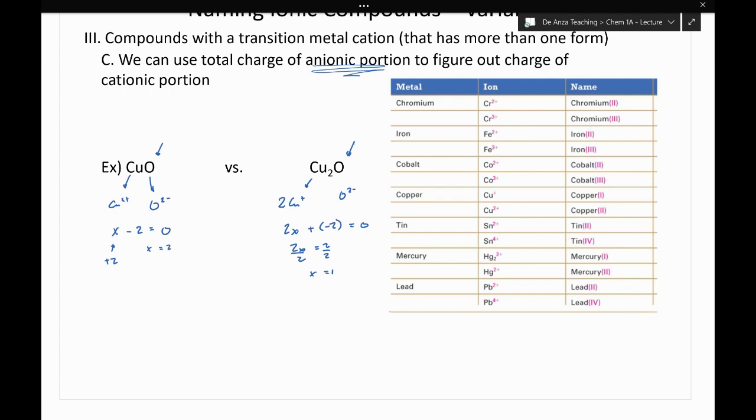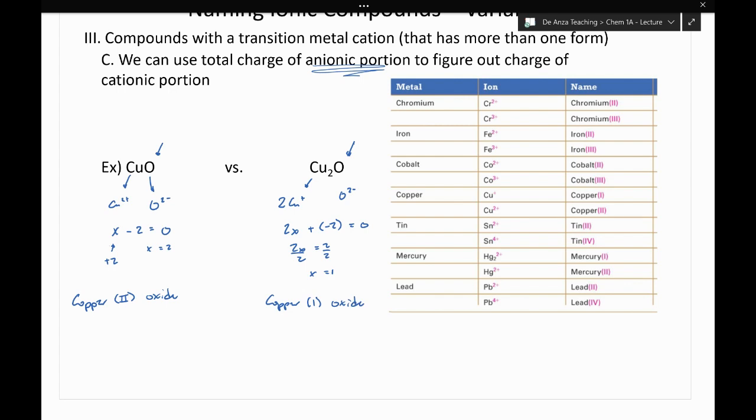So the way that we name these is we call the first one, because it's a copper 2 plus, copper, put its charge in parentheses, 2, oxide. And for the second one, we have copper, that's the name of our metal. In this case, our charge is only a 1, and then we'd also put oxide here.